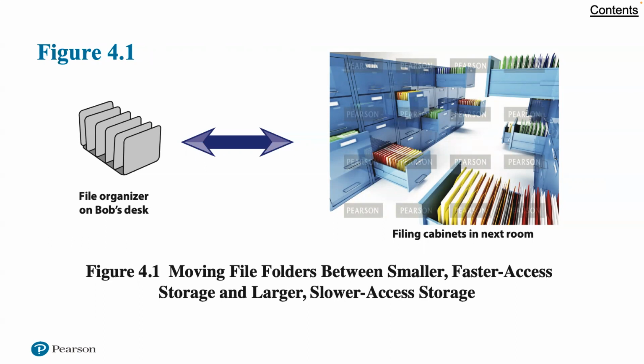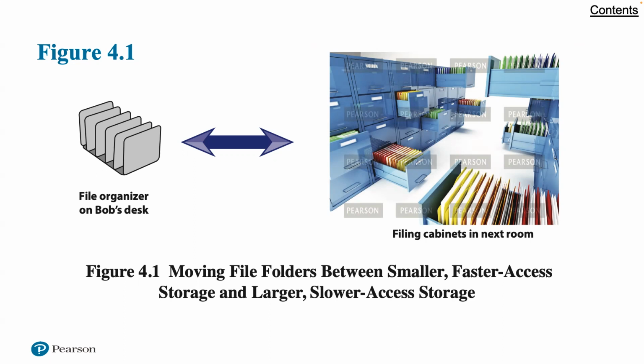When Bob is working on a file and is temporarily finished, it may be likely that he will need to read or write one of the documents in that file in the near future, so he keeps it at his desk in his desk organizer. This is an example of exploiting temporal locality.